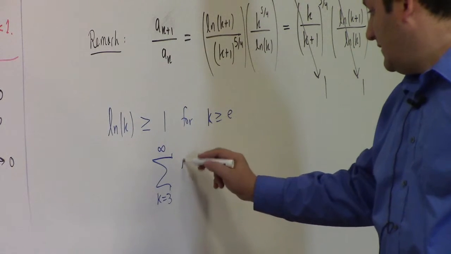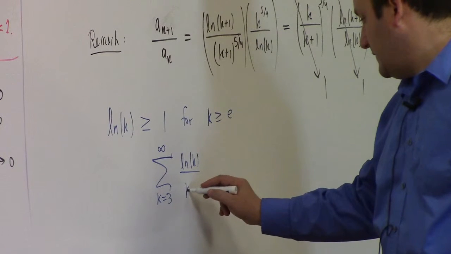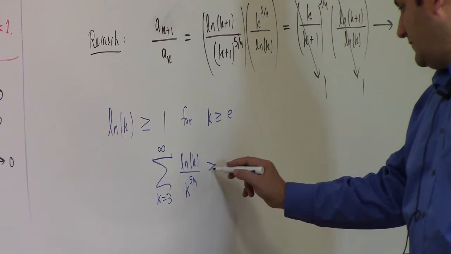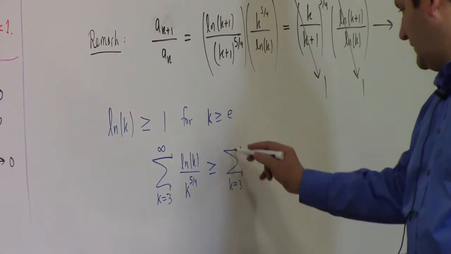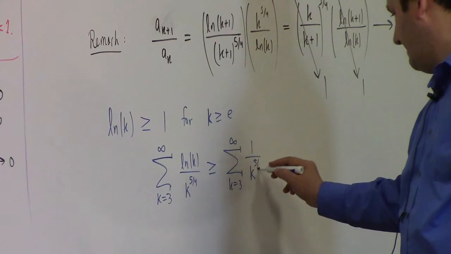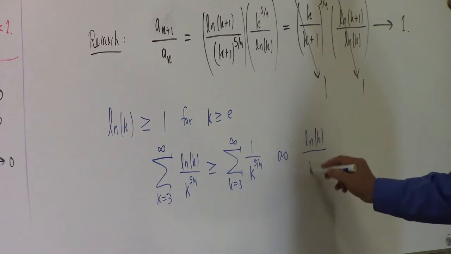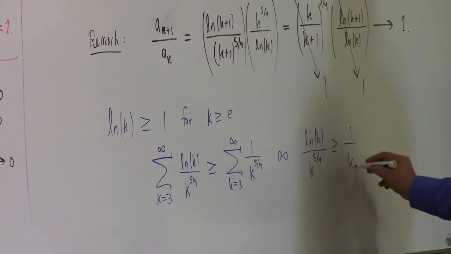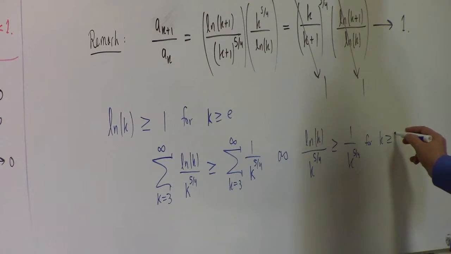The sum of natural log of k over k to the 5/4 has to be greater than or equal to the sum from k equals 3 to infinity of 1 over k to the 5/4, as natural log of k over k to the 5/4 is greater than or equal to 1 over k to the 5/4 for k greater than or equal to e.